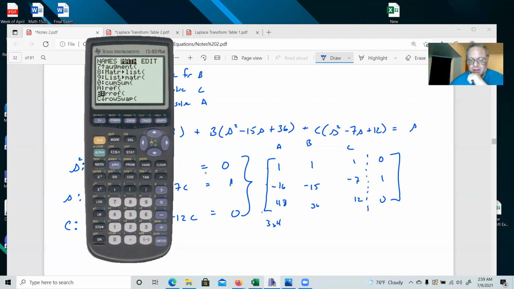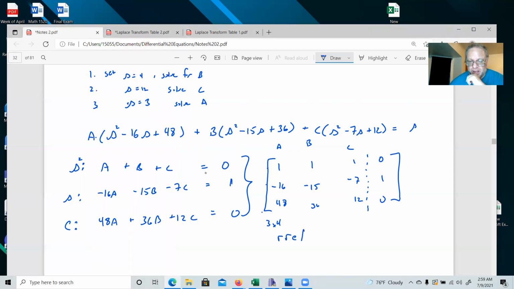We're going to go down to RREF. This is reduced row echelon form. Echelon is like a triangle. When you did linear algebra, they usually called these numbers pivots, the main diagonal.